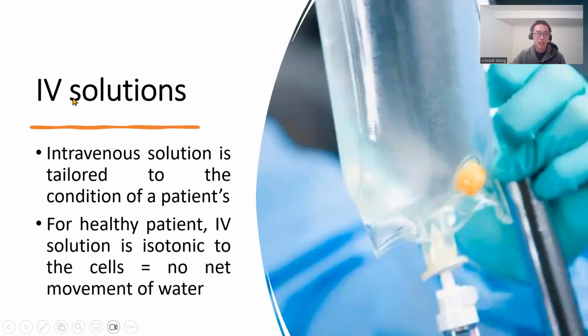So if you become a healthcare practitioner, you might have to deal with IV solutions. IV is intravenous, right? Like you inject it into a vein. Depending on what kind of condition the person is experiencing, you will have to give them different kinds of IV fluid.